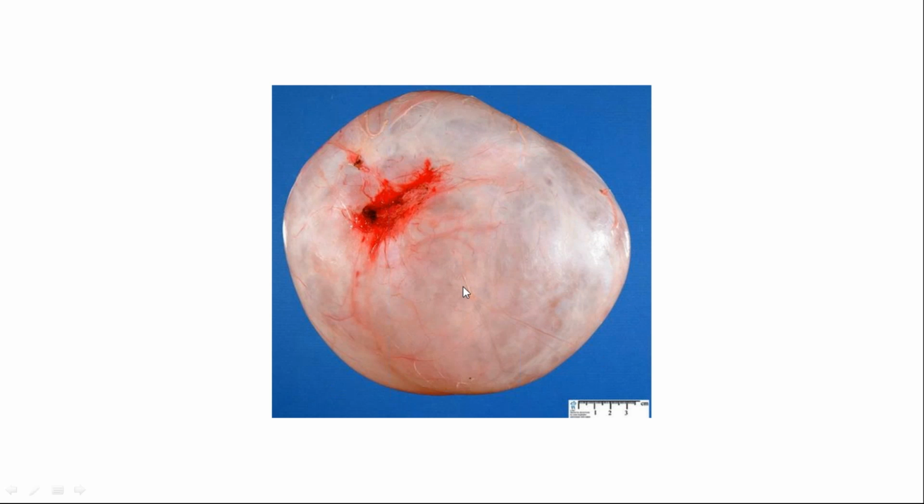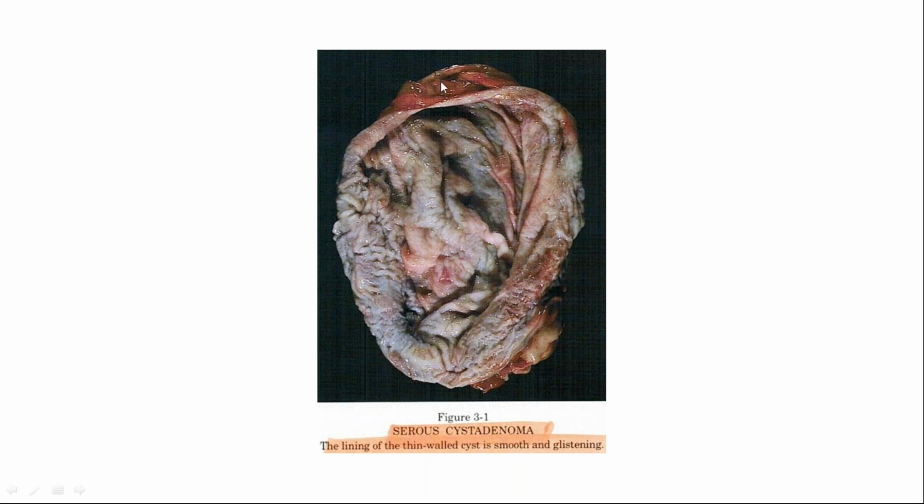Most of the time, if we cut it, it will drain. We don't know what kind of fluid, it can contain a serous fluid, a mucinous fluid, or a viscous fluid. So this is a serous cystadenoma. This is the lining of the cyst wall, which is smooth and glistening.